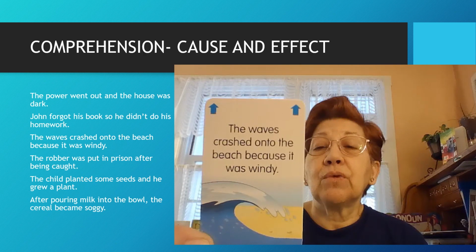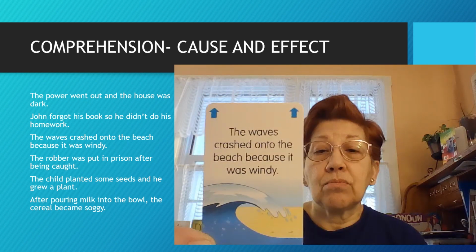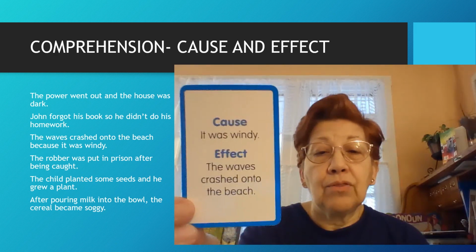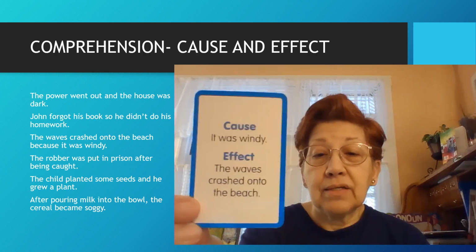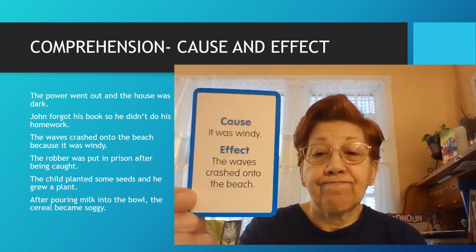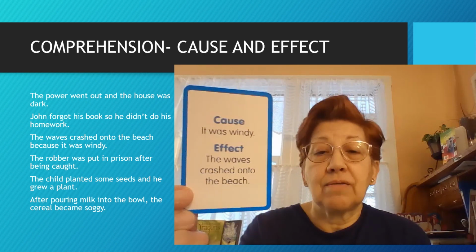And the effect was the waves crashed onto the beach. The wind caused the waves to do that, right? So that's how you kind of test out the sentence when you're looking at it. So what caused the crashing waves? The wind.